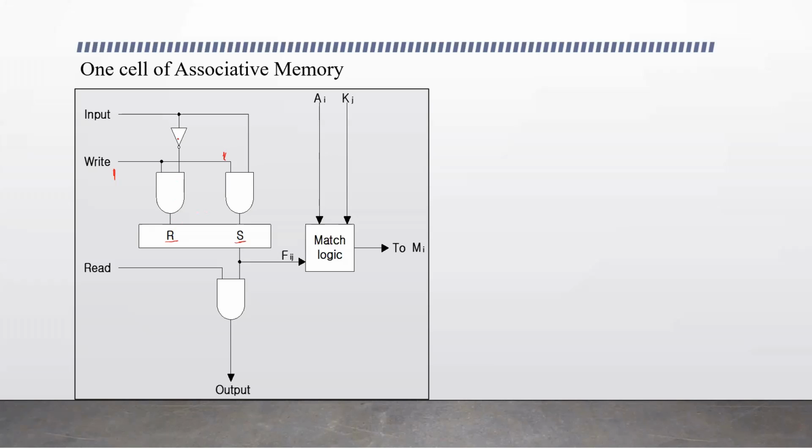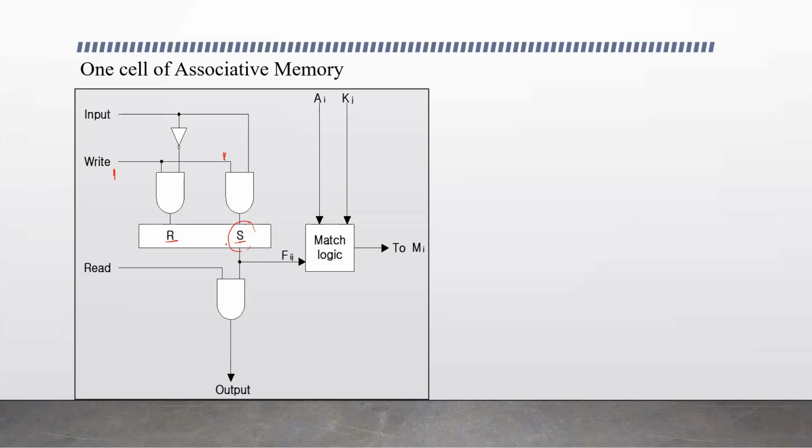And to reset, we just complement the input, because if the input is 1, resetting means setting it to 0. That is also written when the write control is enabled, with an AND operation performed on write and the complemented input. So the bit is reset. This way input is written into the cell.